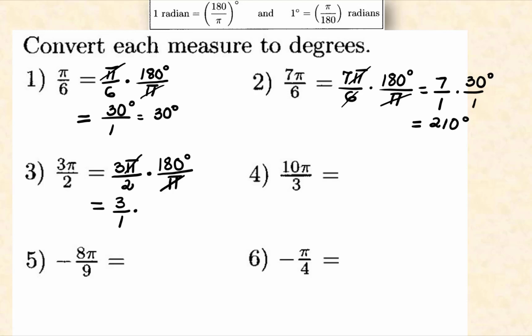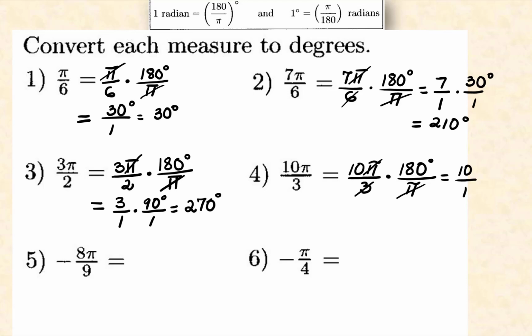So it's 3 over 1 times 90 over 1. 3 times 9 is 27, so 3 times 90 is 270 degrees. 10 pi over 3 multiplied by 180 over pi. 180 divided by 3 will be 60.